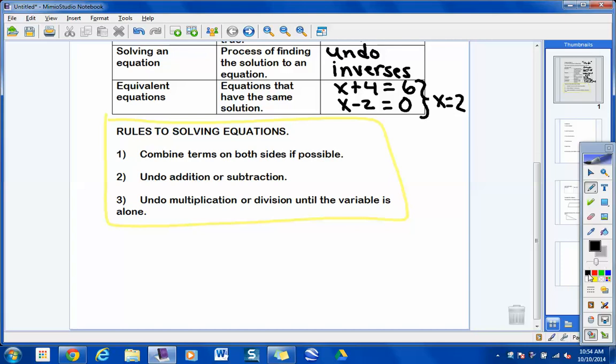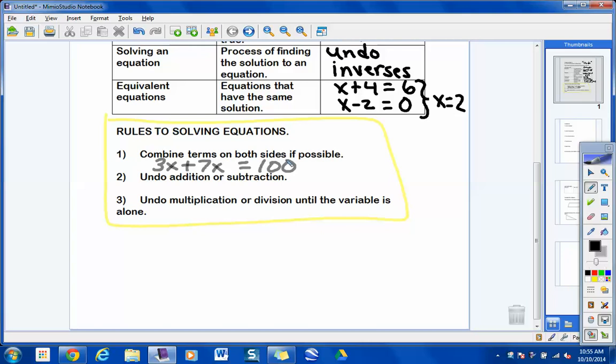For instance, you might have something like 3x plus 7x equals, I don't know, 100. Just take a look at the left side. There's two x's in here, 3x plus 7x. Based on the last section, is there something you could do with the 3x and the 7x? Combine them. What's 3x plus 7x going to be? 10x.